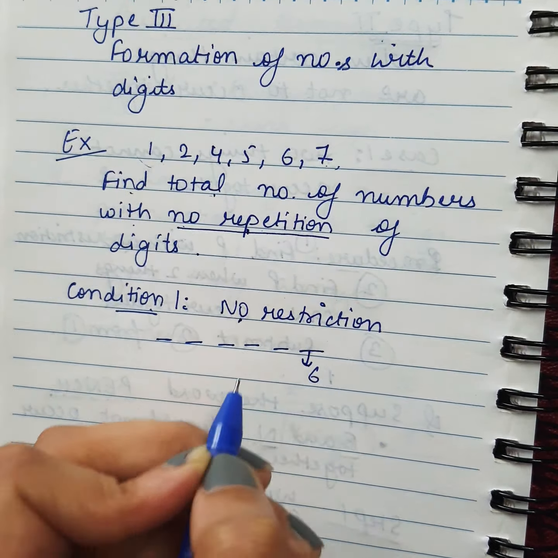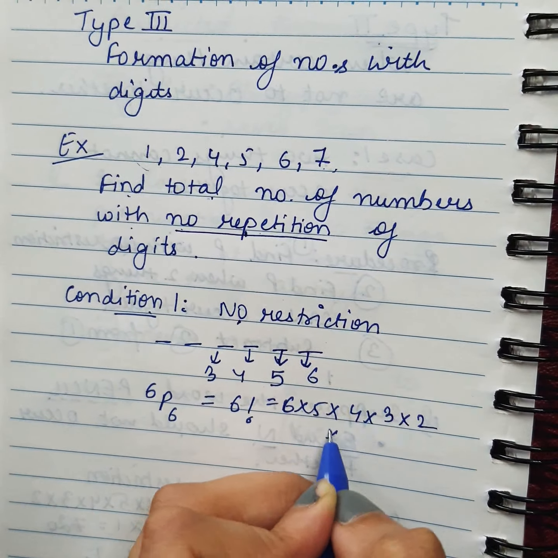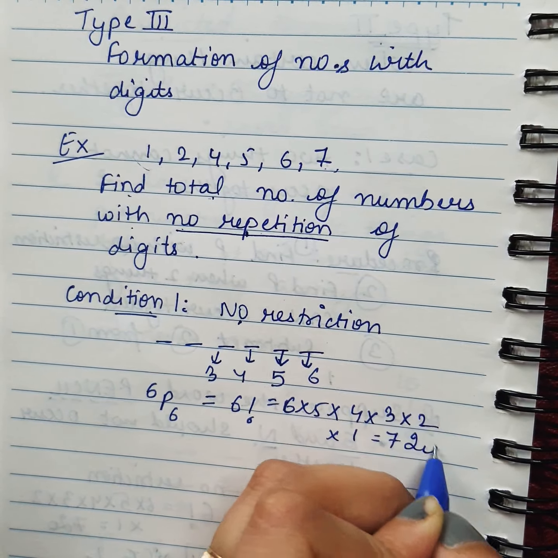So next I am left with 5 ways, because there is no repetition. Then 4 ways, then 3 ways. So likewise, 6P6. Out of 6 numbers I have to fill all the 6 places with no repetition. That will be 6 factorial, 6 into 5 into 4 into 3 into 2 into 1, which is 720.